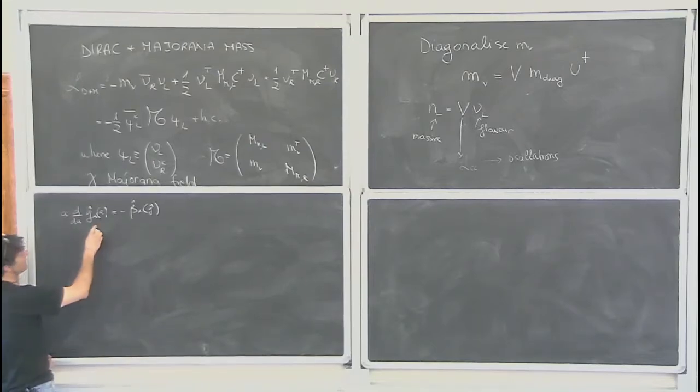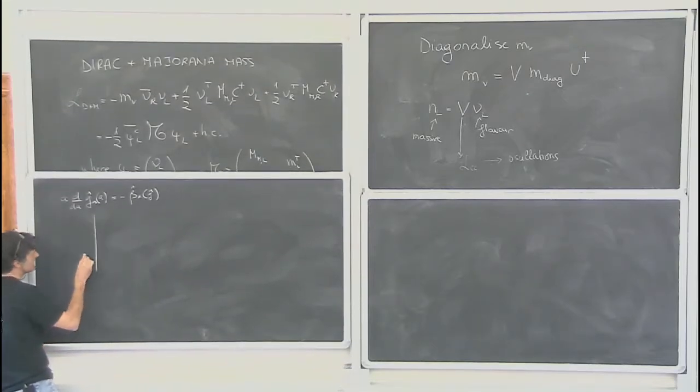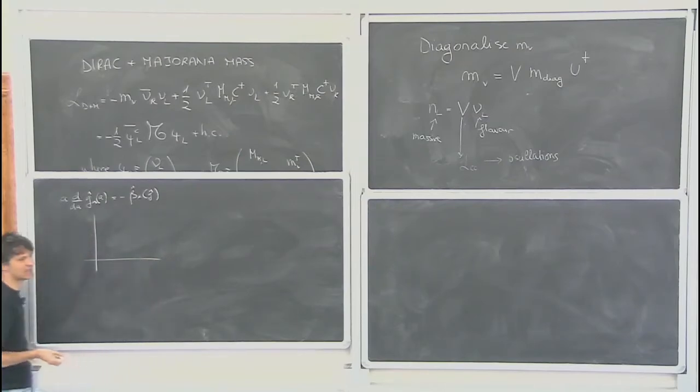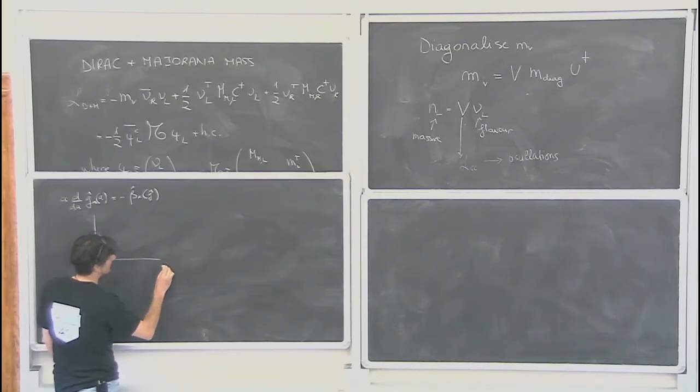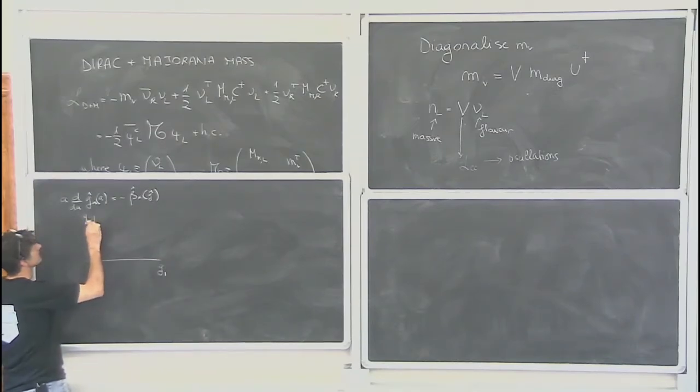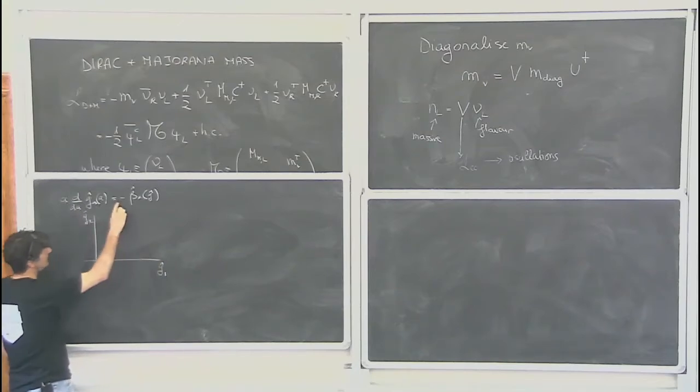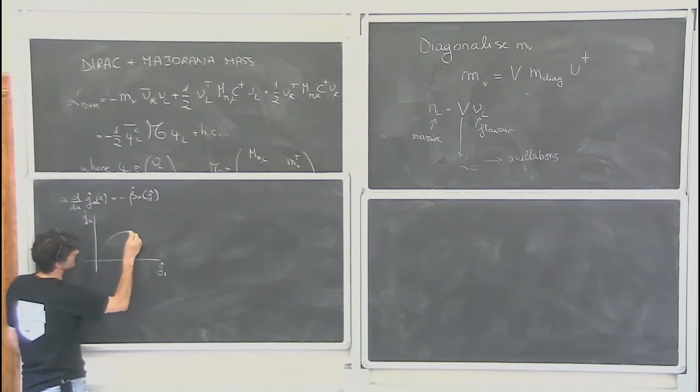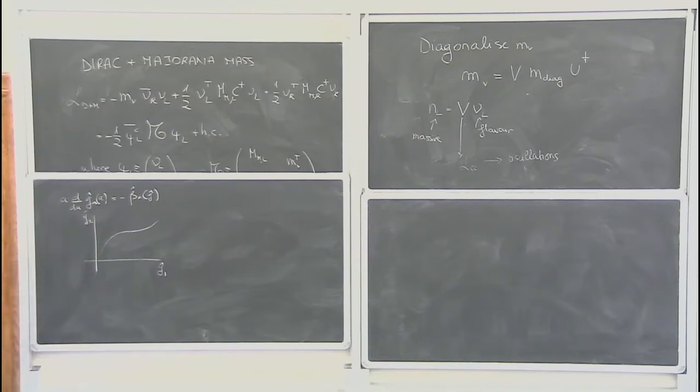So this is a parametric curve, parameterized by Λ. In the space of couplings, whatever, g1, g2, this equation defines a curve, and Λ is just the time with which you flow along this curve.